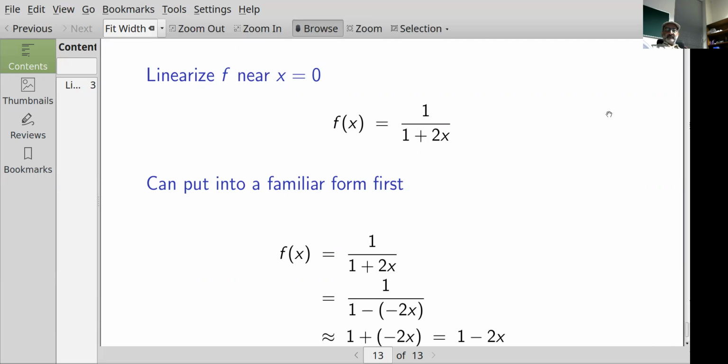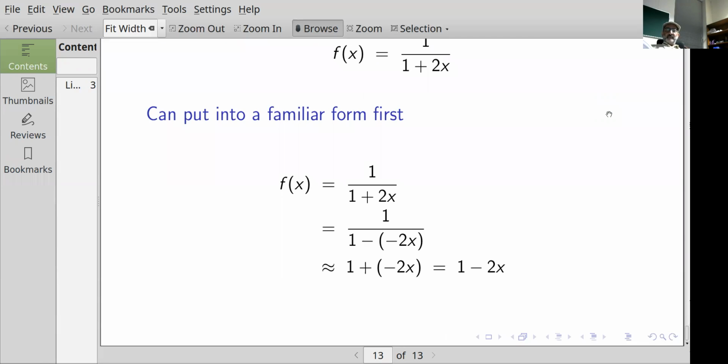So f of x is equal to 1 over 1 plus 2x. That's equal to 1 over 1 minus minus 2x. So if x is very small, minus 2x is also very small. So this is of the form 1 over 1 minus w, where w is small. And we said that that's approximately equal to 1 plus w.